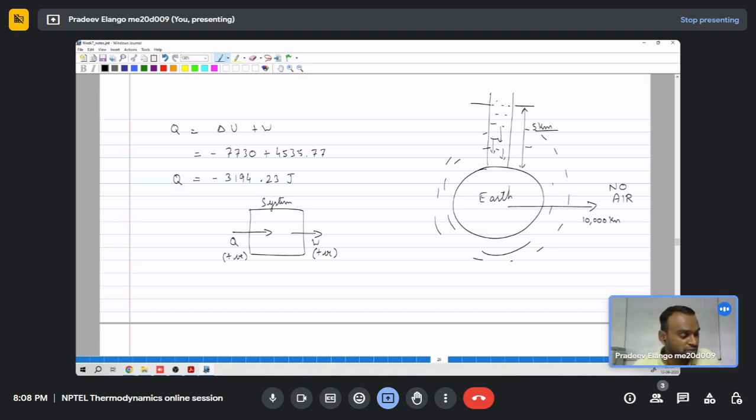Then we can calculate that because of gravity, this air molecule is pulled downward towards the earth, and it pushes the molecule below it downward. Similarly, that will push another downward, so finally we get some pressure at the surface level. And the gravity at this outer location will not be 9.8.